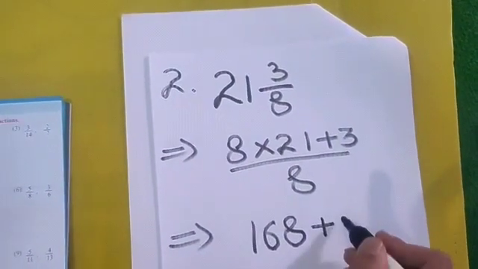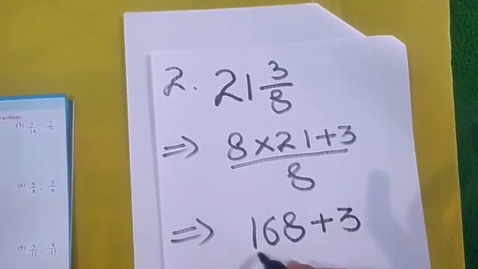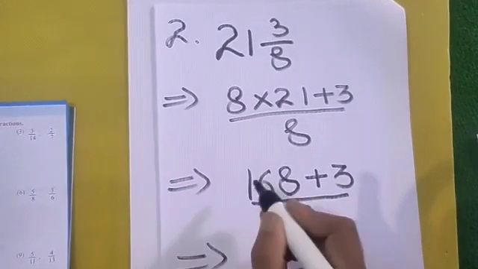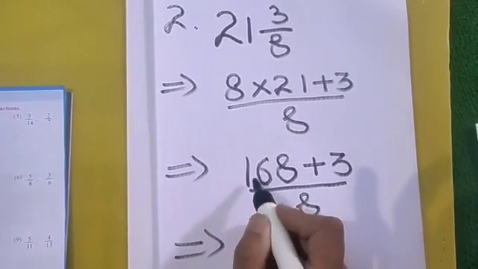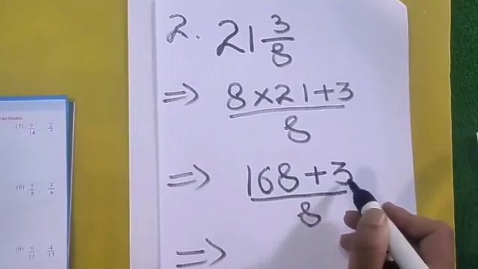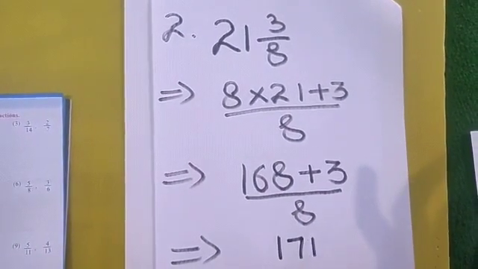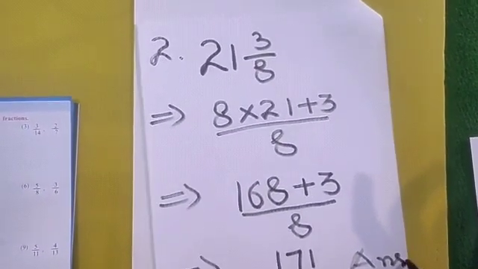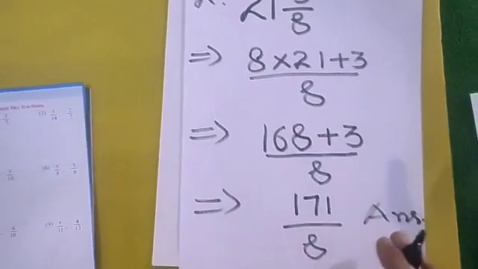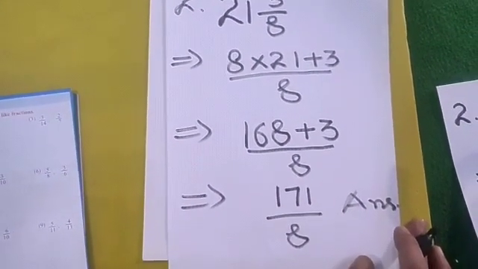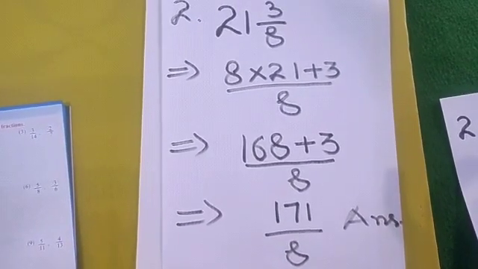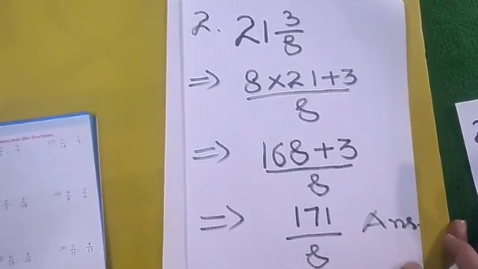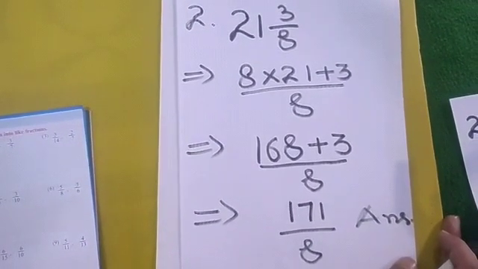Now we add 3, and denominator is 8. 168 added 3 equals 171 and denominator is 8. That means 21 whole 3 upon 8 is equal to 171 upon 8. Dear student, you can proceed the same with the remaining parts.